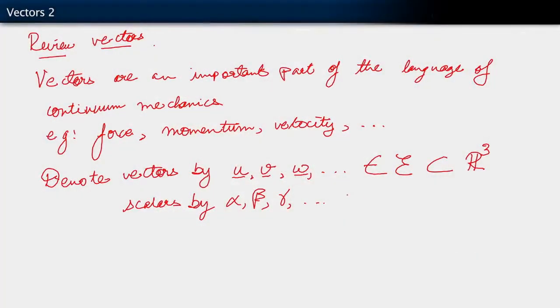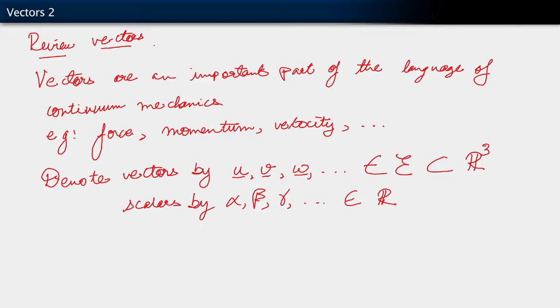What kind of space do our scalars belong to? Something for you to think about for a few seconds. Our scalars belong simply to the space R. They're just real numbers, right? So you can think about them as living in one-dimensional space denoted by real numbers. Okay, so that's the notation we have.